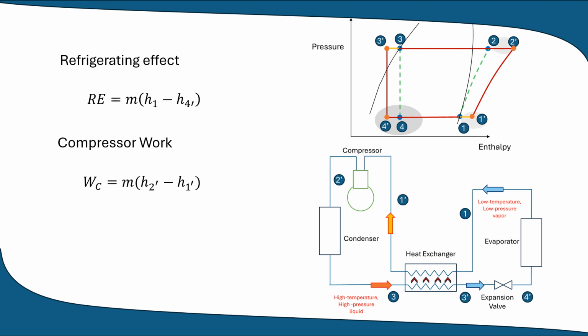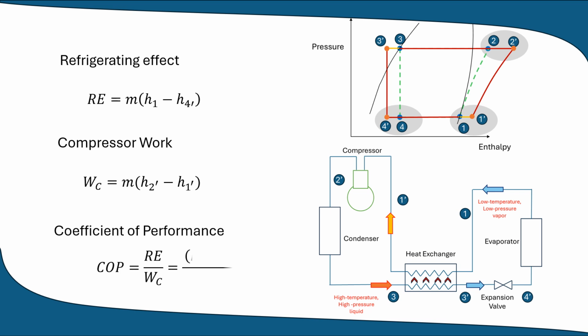Since H2 is higher than H1, the compressor work is increased compared to that of the simple saturation cycle. Then, the coefficient of performance, COP, is Re divided by compressor work, which is equal to (H1 minus H4) divided by (H2 minus H1').